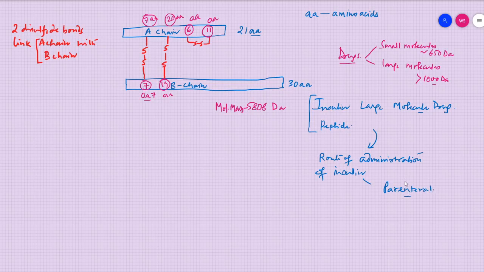Parenteral, one, because of the molecular weight, and secondly, because it's a peptide. Now, if we give it orally, the peptide would be degraded by the proteases. So it cannot be given per oral, because it can be degraded by proteases, which are most common in the small intestine.